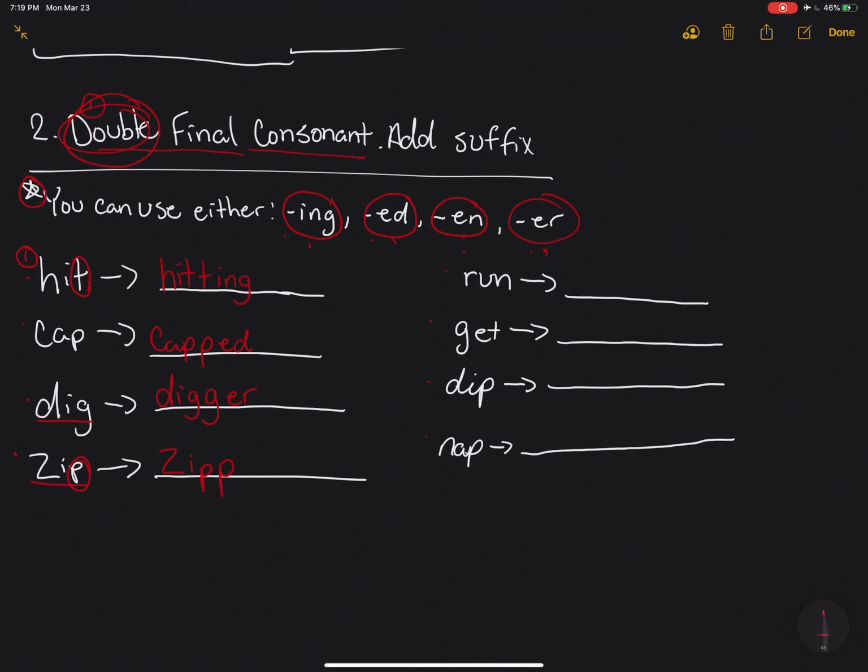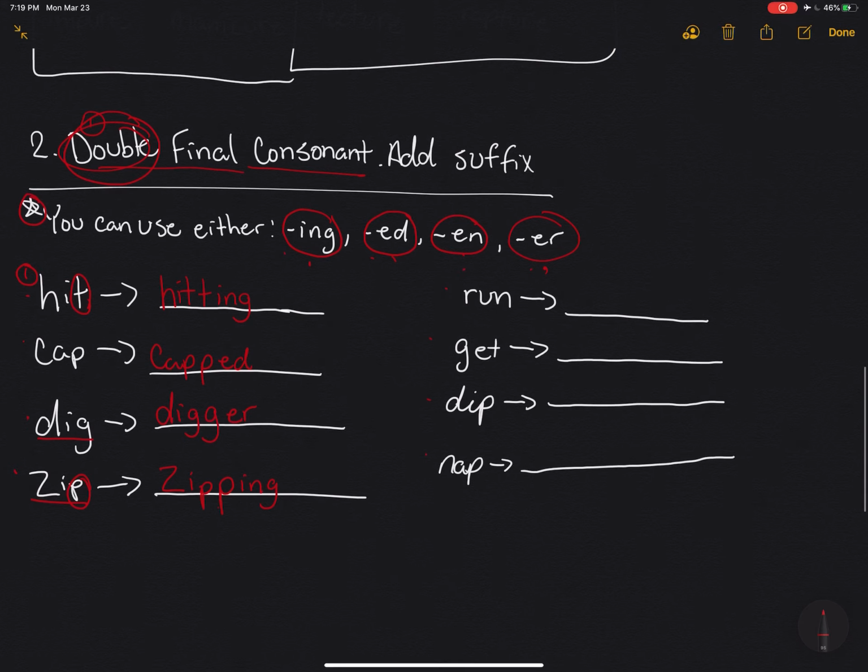Either ing, zipping, or the er, zipper, will work. So let's go ahead and just add ing. So because we doubled the final consonant, which is the P, Z-I-P-P, we now asked ourselves which suffix makes sense, and we chose ing. So it's zip goes to zipping.